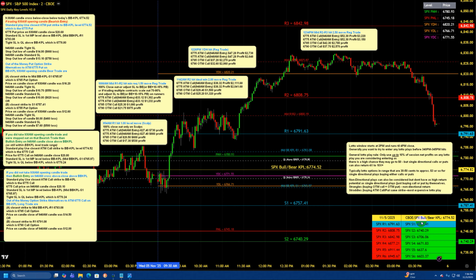The bull bear key price level is the most important level for the session and is considered a main level, and the R levels and S levels are considered main levels as well. With this indicator, you can take bullish and bearish trades off of the bull bear key price level, as well as any of the main R levels, R1 through R6, and main S levels, S1 through S6.